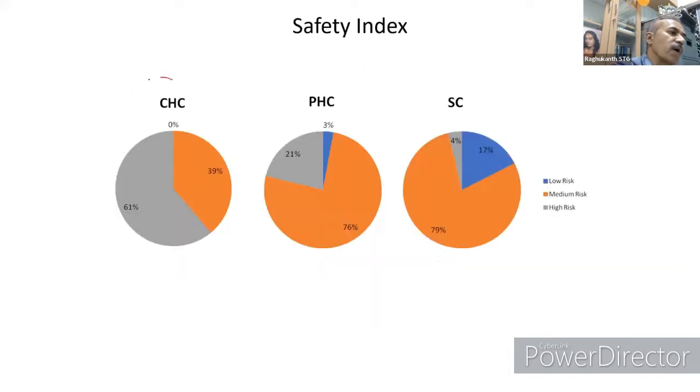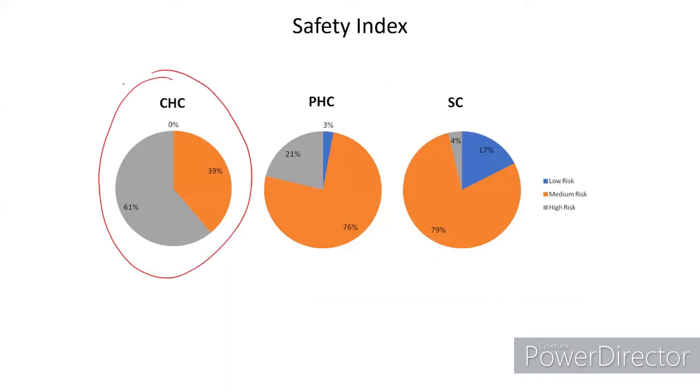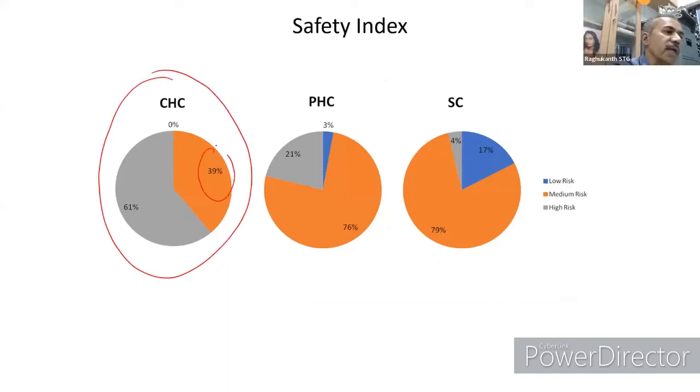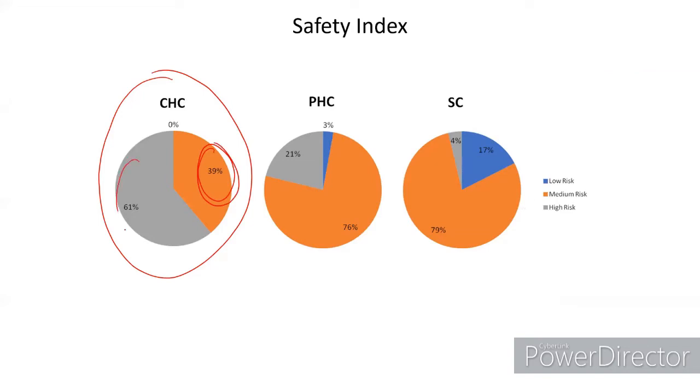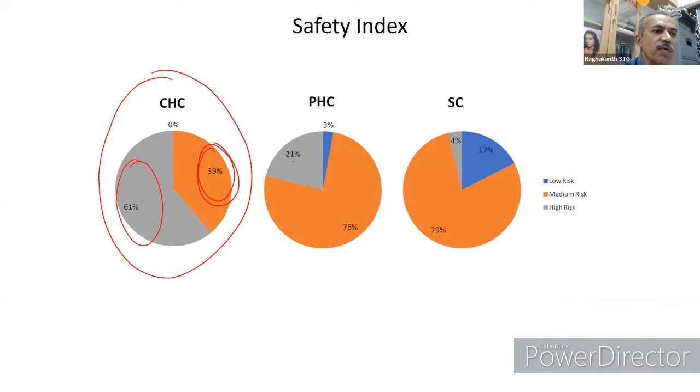So you can see for community health centers, 39% of whatever we have done are at medium risk, and 61% are at high risk. Then for PHCs, 21% are at high risk, and only 3% are at low risk. Most are at medium risk, but for community health centers, high risk hospitals are very high.